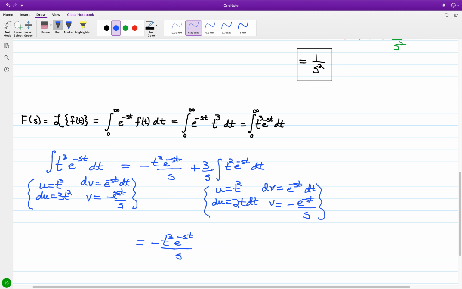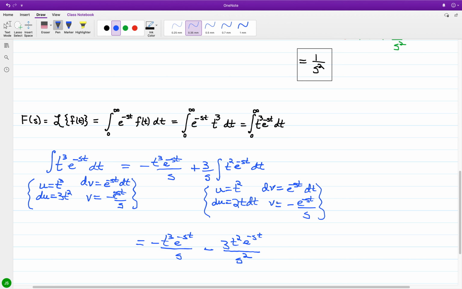And again, going ahead and distributing, we have 3 over s, and u times v, which is minus 3t squared e to the negative st all over s squared. And once we combine together, we have 3 over s times the subtraction of the integral of v du.